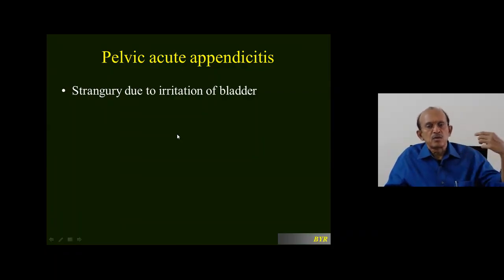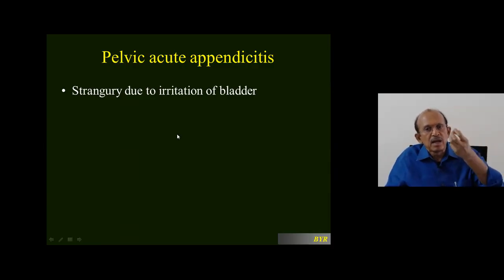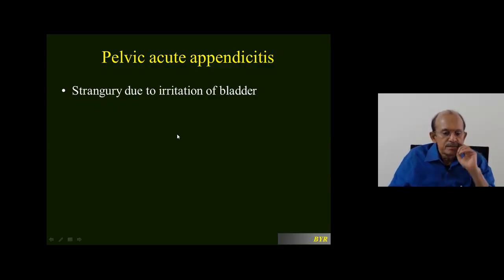The patient goes to the bathroom every 5 or 10 minutes but passes only a small quantity of urine, accompanied by pain, because there is contraction of the inflamed bladder muscle, and an inflamed bladder muscle produces a lot of pain. So that is called strangury. Strangury is an intense, painful desire to micturate with passage of a few drops or few ml of urine, sometimes blood stained. That is strangury.